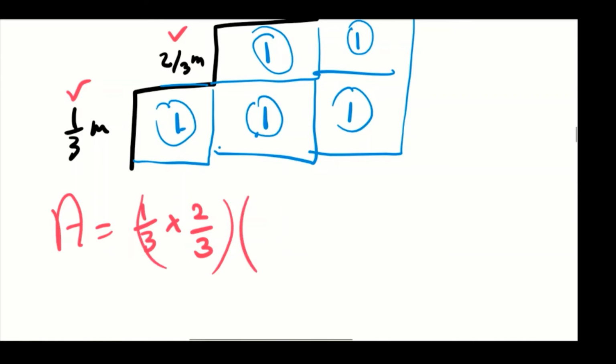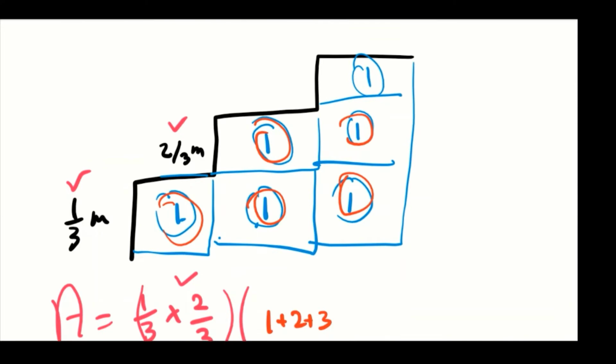Because this is only for one step. We have 12 steps, so we need to indicate all 12 steps. So we're going to say 1 plus 2 plus 3 steps, right? Why am I saying 1 plus 2 plus 3? Because this is 1, this is 2 because it's 1, 2, this is 3 because 1, 2, and at the top is 3, right?